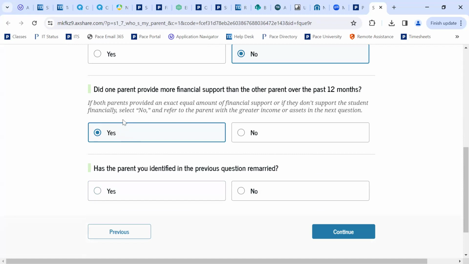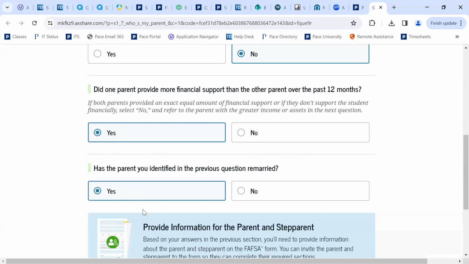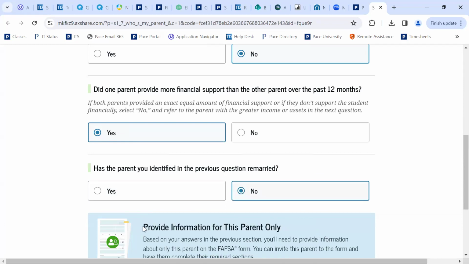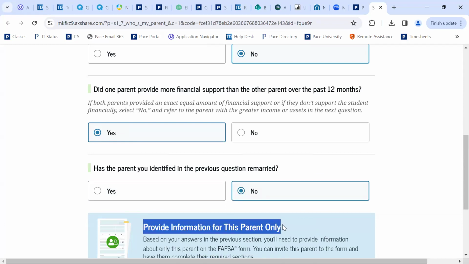If one parent did provide more support, they want to know, has the parent you identified in the previous question remarried? If the answer is yes, click yes, and FAFSA says provide the information for the parent and the step parent. If that parent did not remarry, then you say no, and you provide the information for just that parent. Now let's take a few steps back.